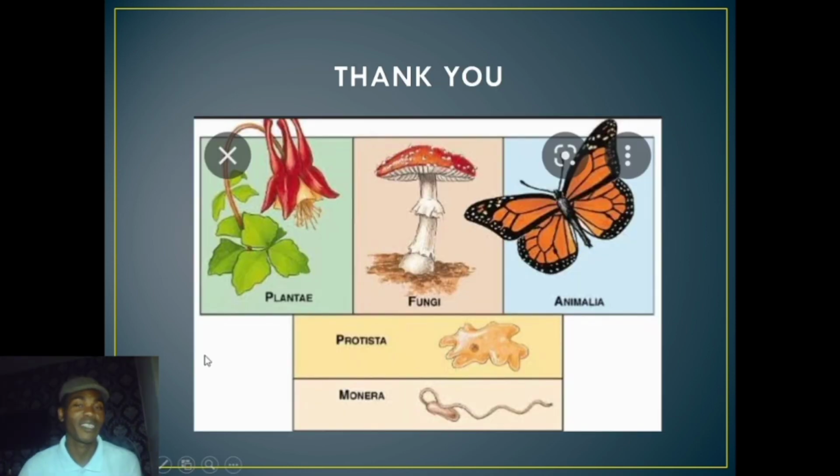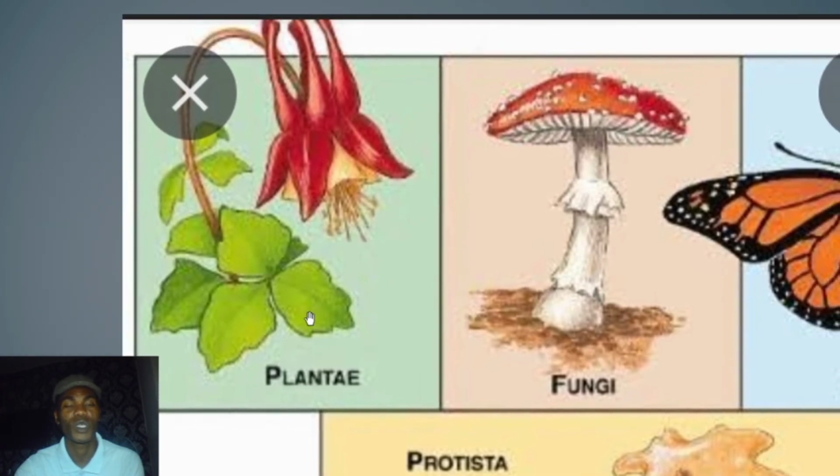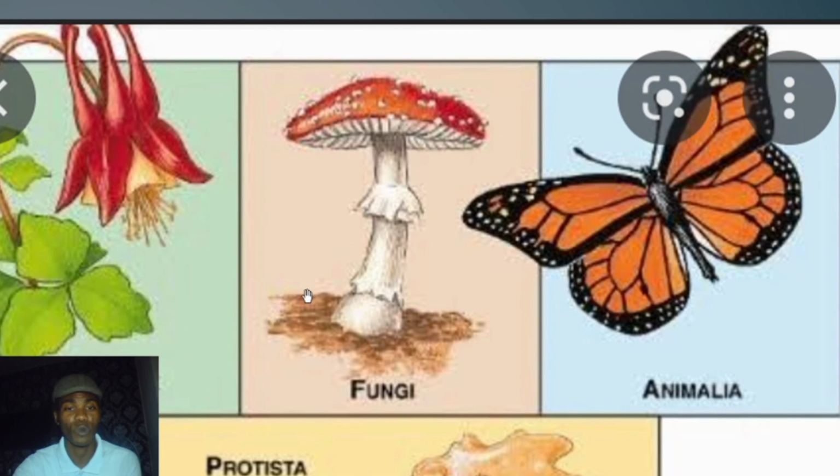Now, we've come to the end of today's topic. But before we go, I have this picture here to show you all that we have been learning today. Let's take a look at what this shows. Here we have a plant, which is under the kingdom Plantae. Here we have a mushroom, which is under the kingdom Fungi.